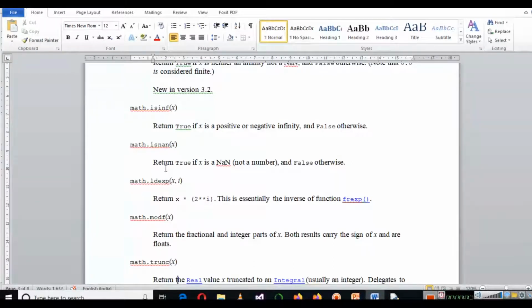Next method in the Python math library is to check whether a number is a valid number, or if it is not a number, that is, if it's a NaN value, then this particular method will return true.